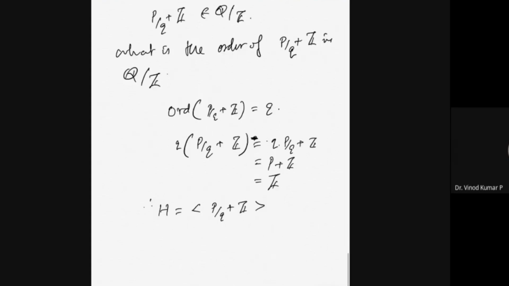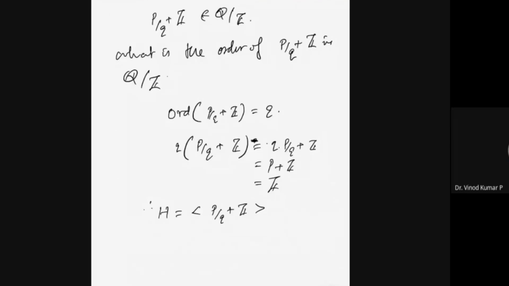Now you have a cyclic group H that will be generated by some element p by q plus Z. Someone has a comment in the chat box: the GCD of p and q is 1. Yes, correct, thank you. In the definition of Q by Z, its elements are of the form p by q plus Z with the GCD of p and q being 1.